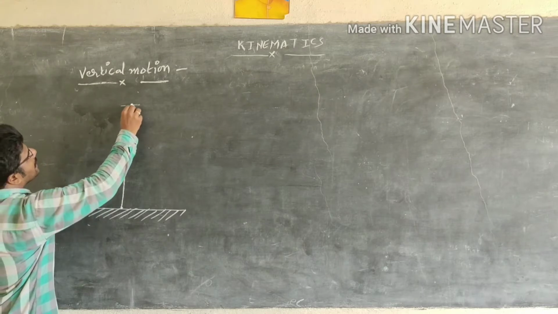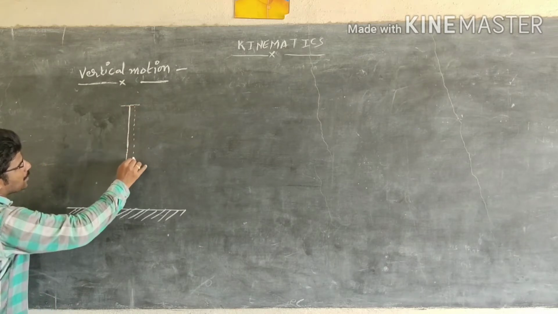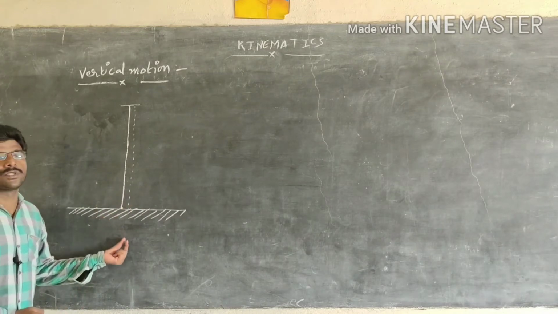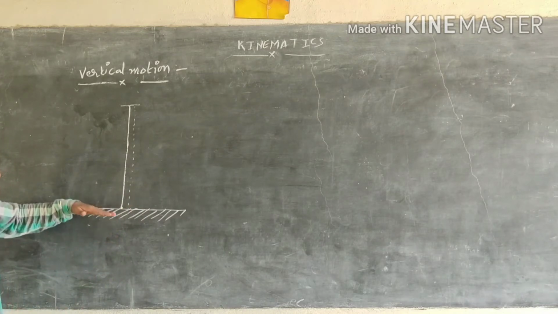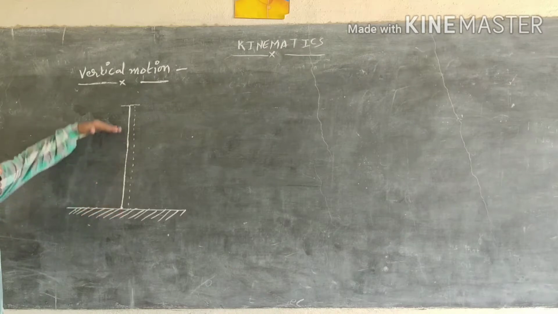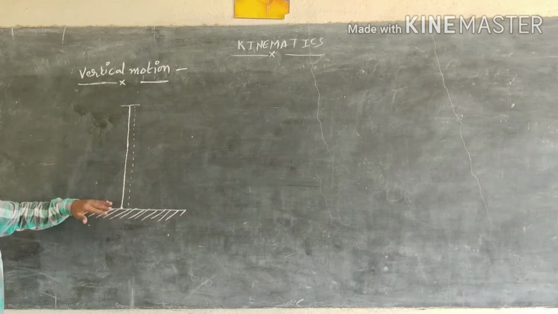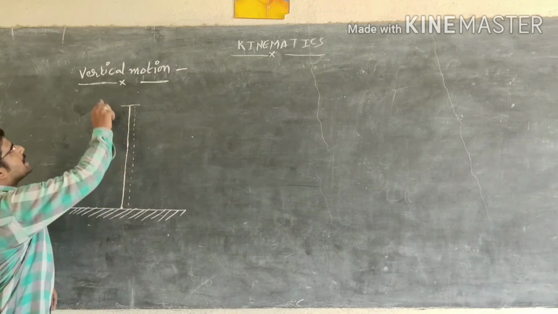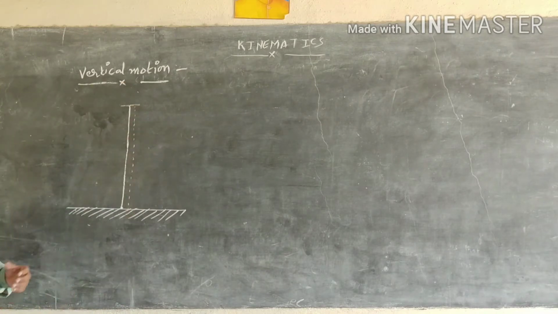After that, it returns to the ground. This combined motion, the body going from the bottom to the top and reaching the bottom from the top, is known as vertical motion.